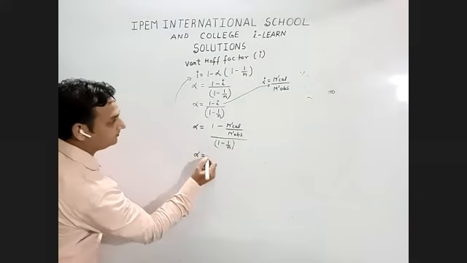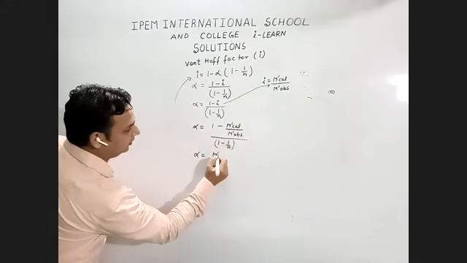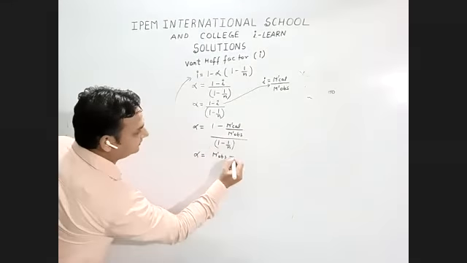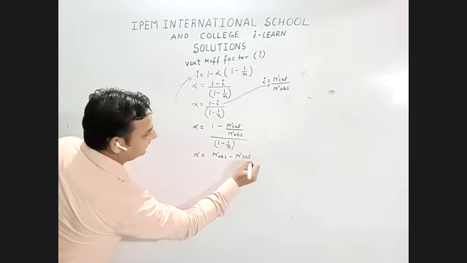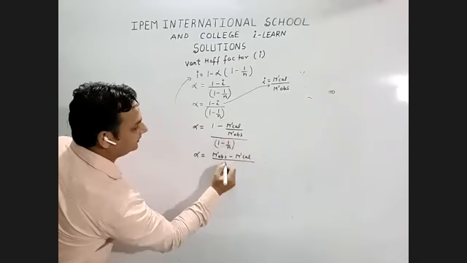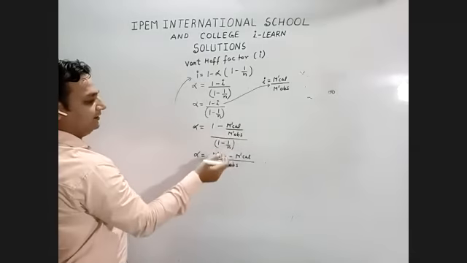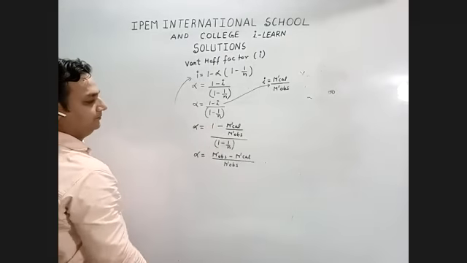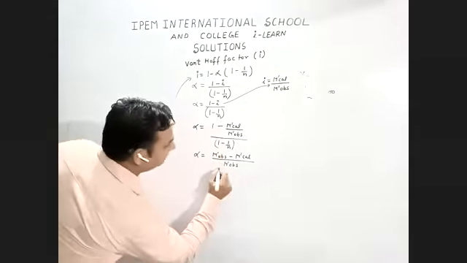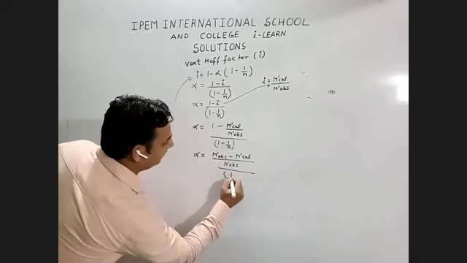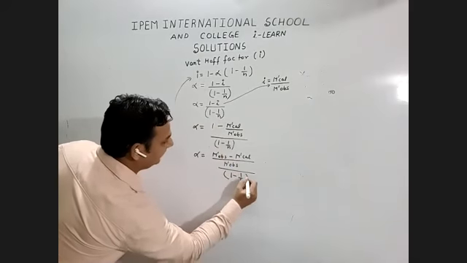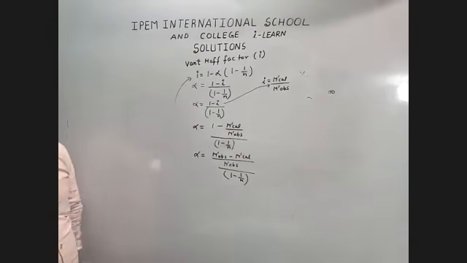So alpha will become (M observed minus M calculated) upon M observed, taking the LCM, upon (1 minus 1 by n).